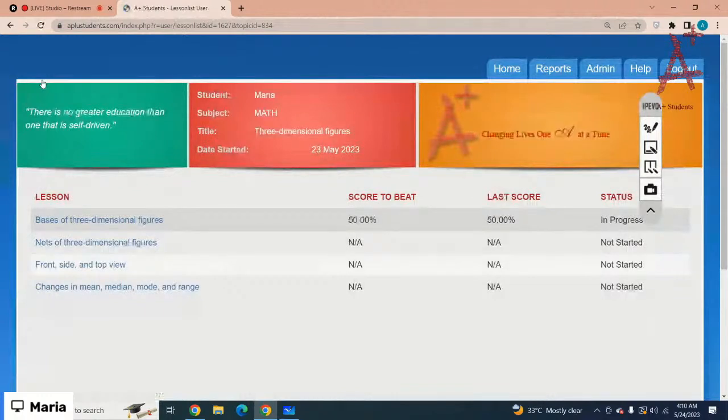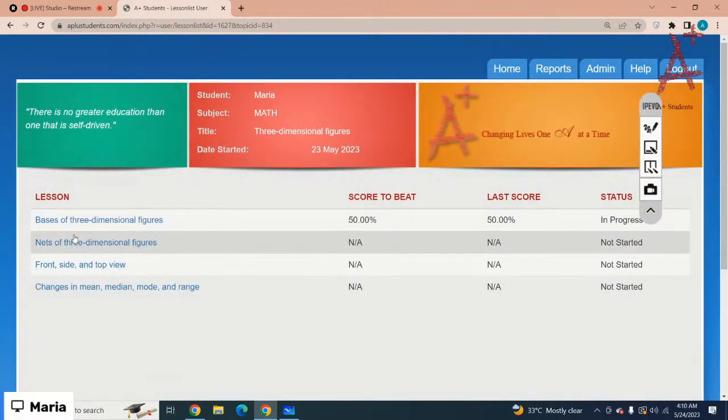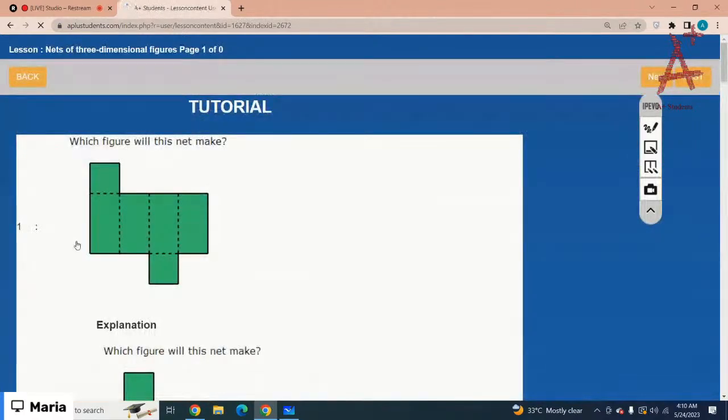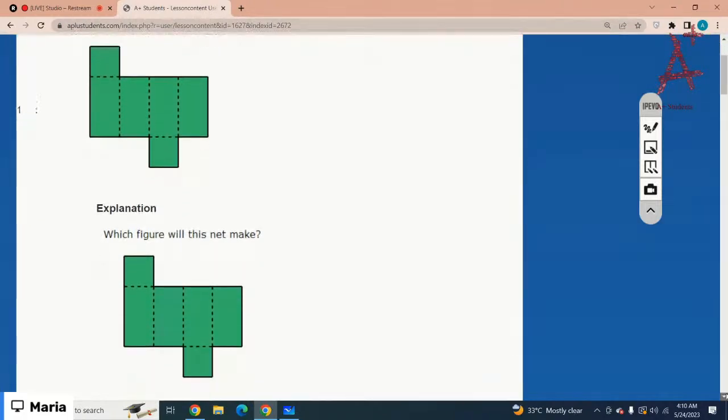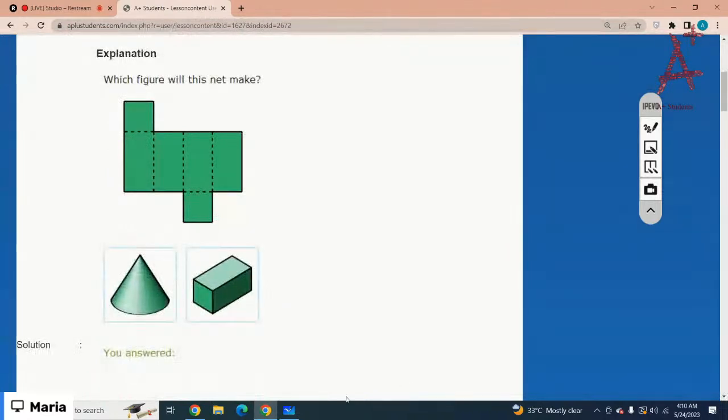The next lesson is nets of three-dimensional figures. Which figure will this net make? Which is the correct option, one or two?